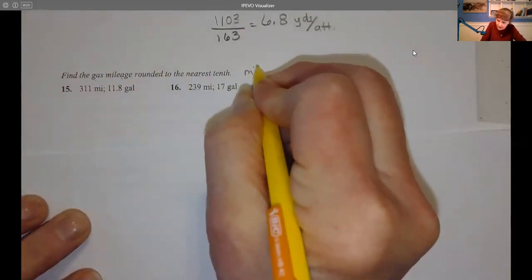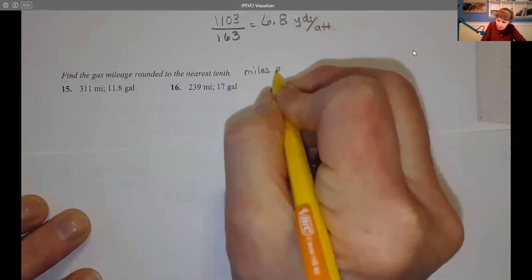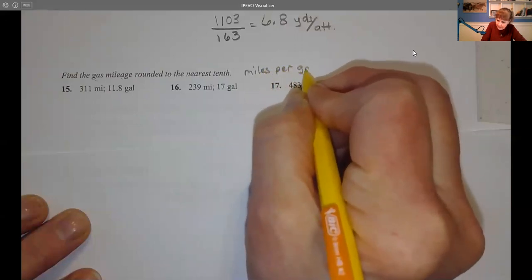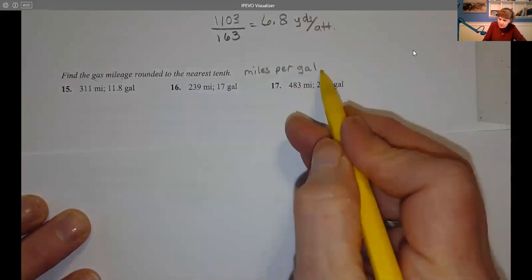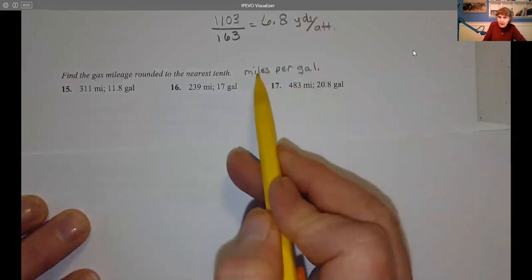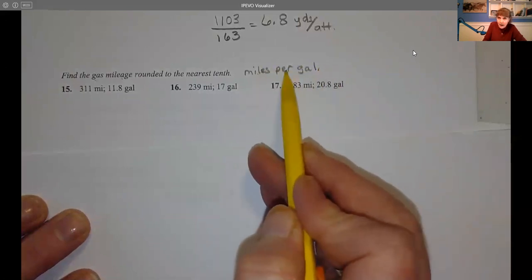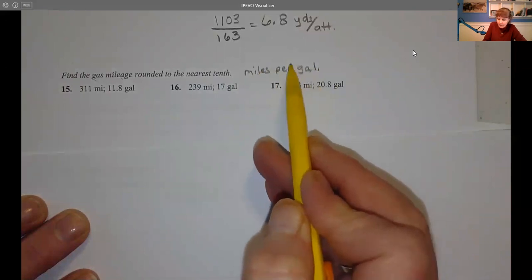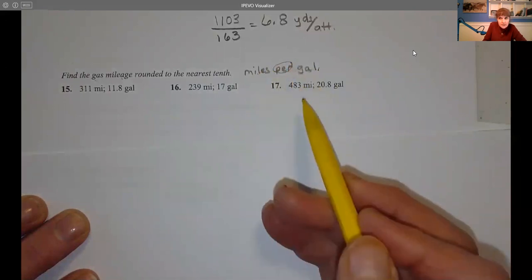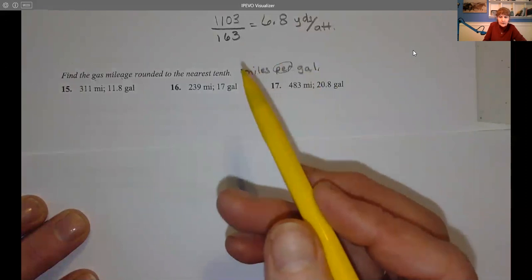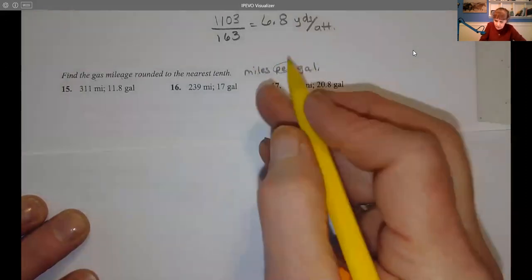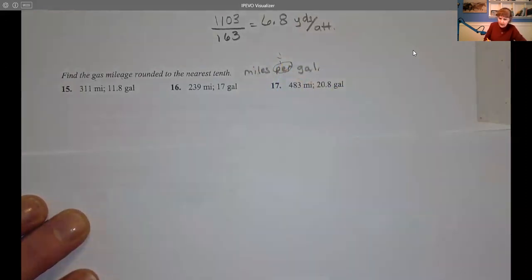And the miles per gallon means you take the miles divided by the gallons. Of means times, per means divide. So the miles divided by the gallons.